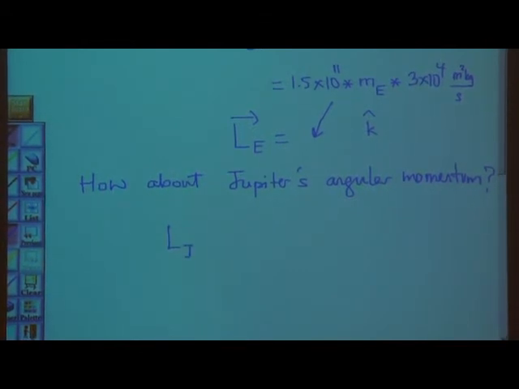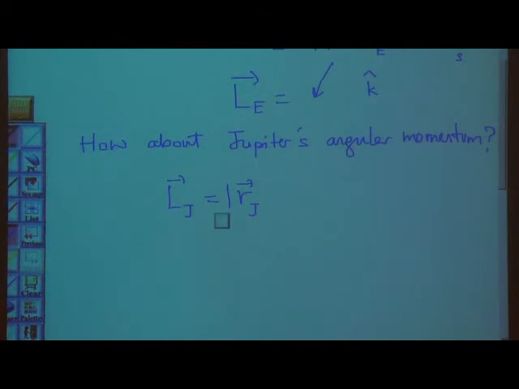Let's call the distance between Sun and Jupiter R_J. It is the vector R_J cross the mass of Jupiter times the velocity of Jupiter around the Sun. So it depends on the distance from the rotation axis, its mass, as well as its velocity, because mass times velocity is the linear momentum.